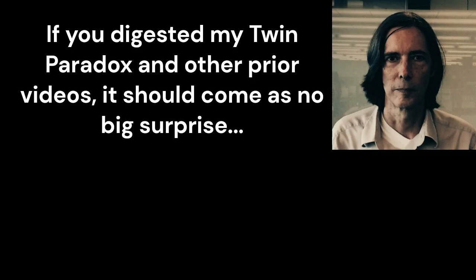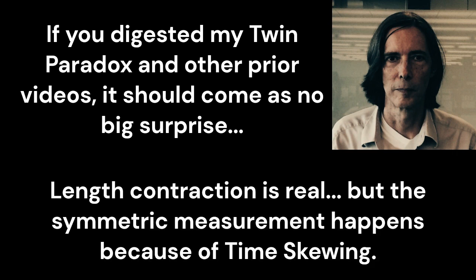If you digested my twin paradox and other previous videos, it should come as no surprise. In relativity, length contraction is real, but the symmetric measurement of length contraction happens because of time skewing.